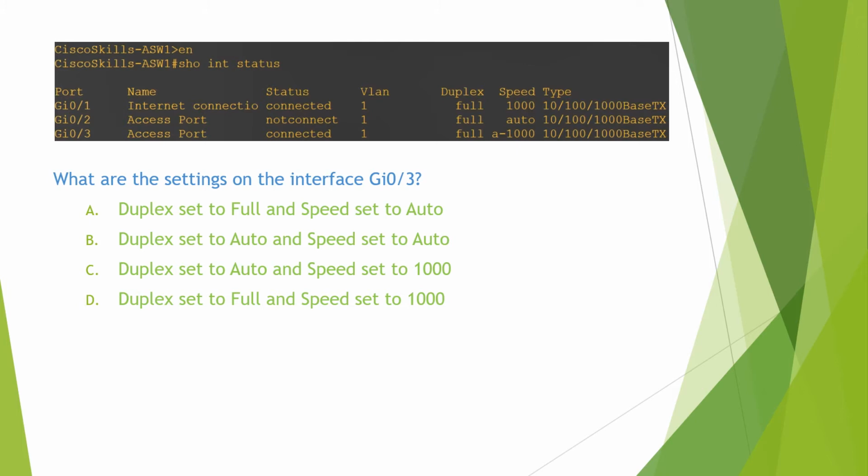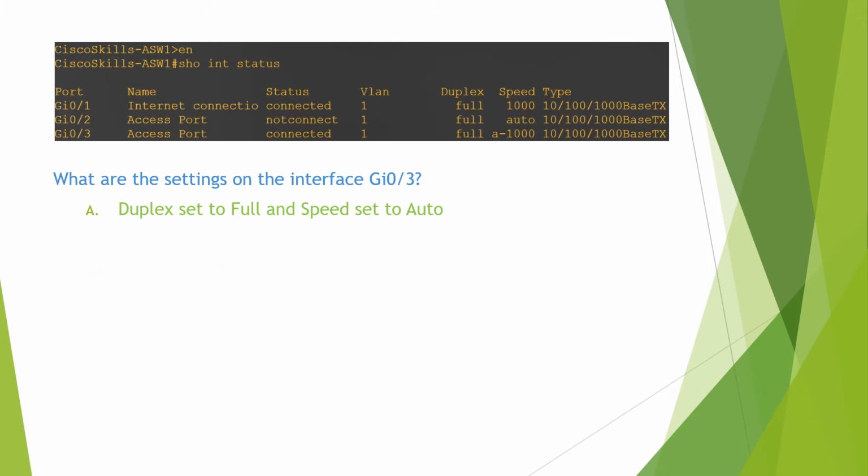However, the duplex has a full without an A in front of it, which means the duplex has the manual setting to full duplex mode. So the answer for this question is A. You can find the detailed explanation for this question in the video.